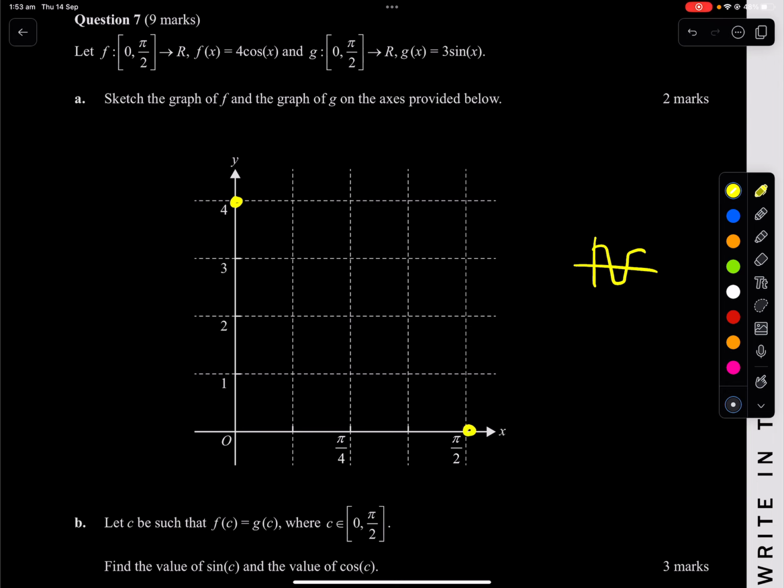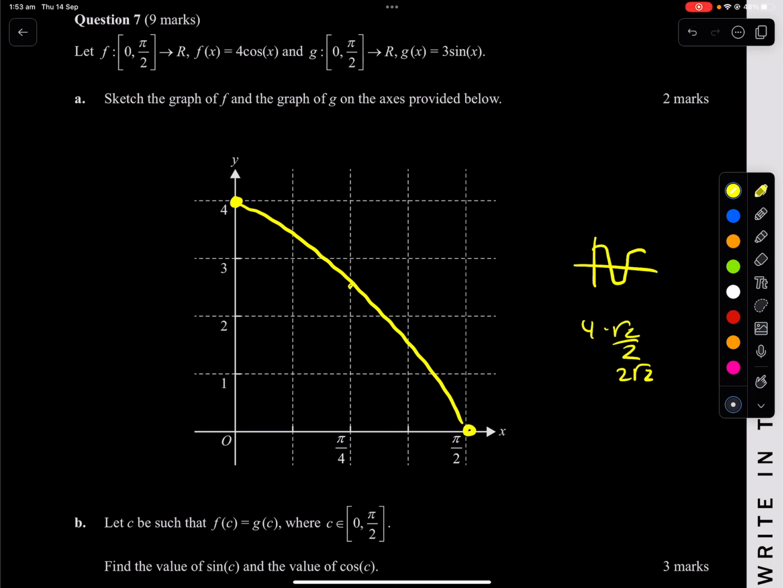So if I'm going to nicely draw one, and what about if we sub in pi on 4 too, so we can get the exact value. So cos pi over 4 is what? It's 1 over root 2, which is just root 2 over 2. So 2 root 2. That's around this part here. So I'm going to draw a nice and smooth curve here, like that.